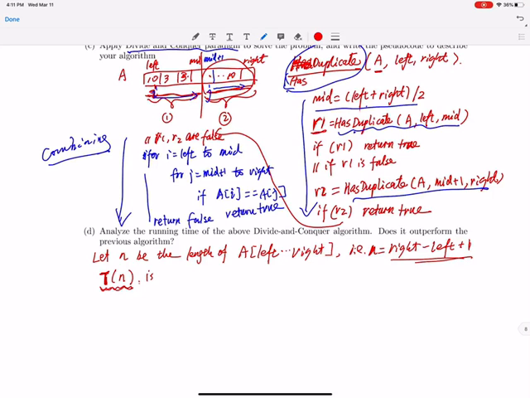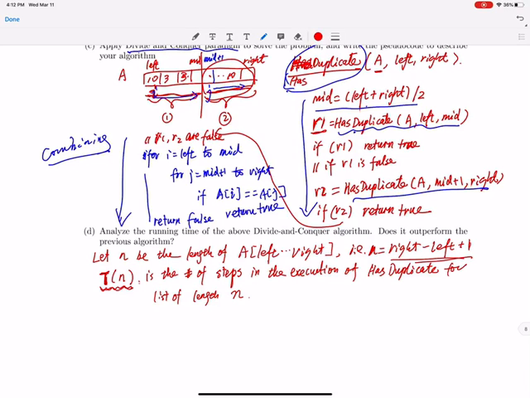T sub n is the total number of steps in the execution of has duplicate for a list of length n.